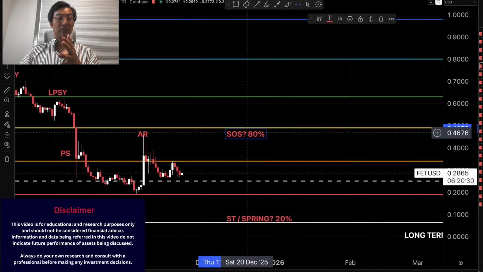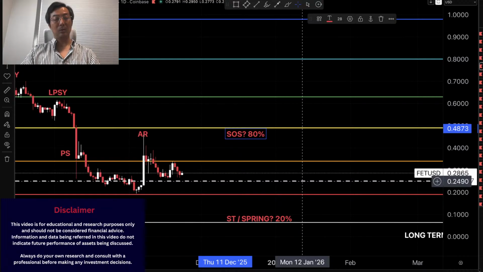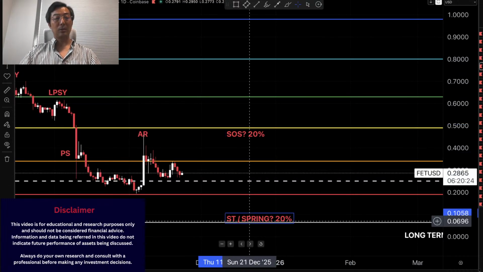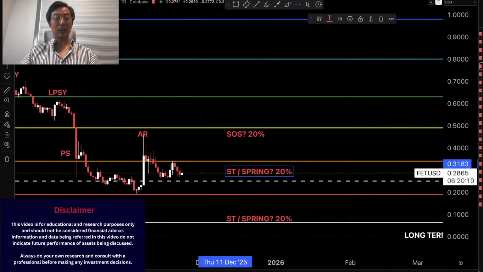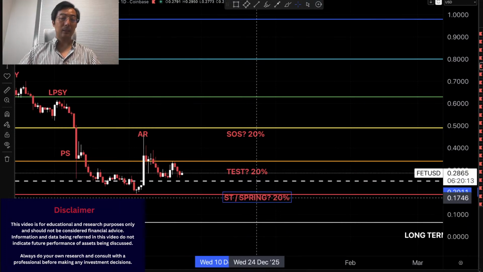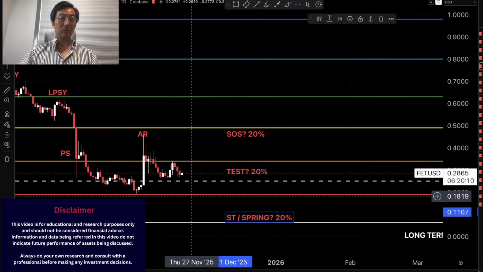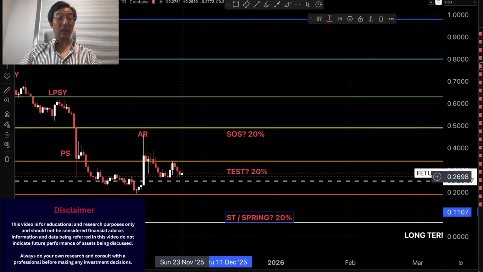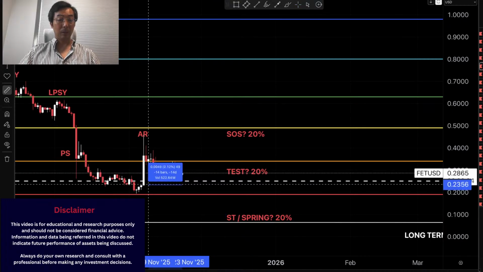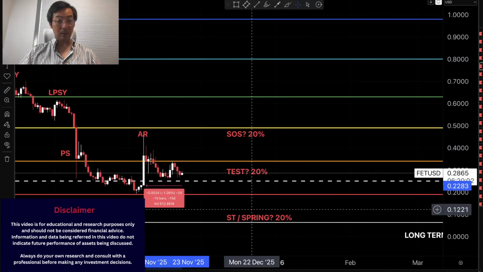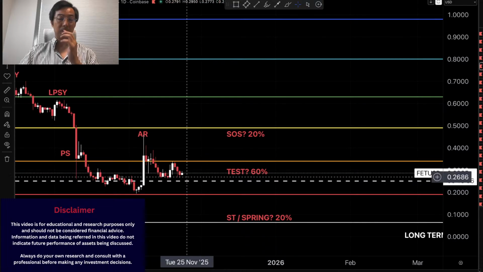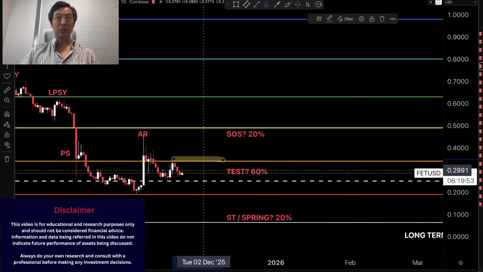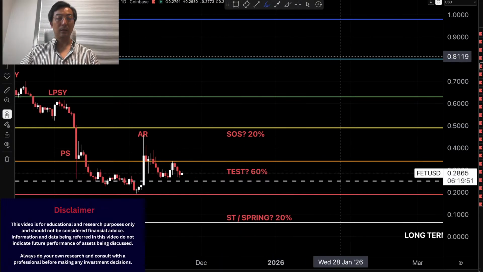Instead of using this, what we hope for, I should actually put one more: the test, meaning sideways trading. A second test is something that may get to the red level or even lower. But as of now, over the past 10, maybe even 14 or 15 days, the test has been around here, between the orange key level and this white dashed line.